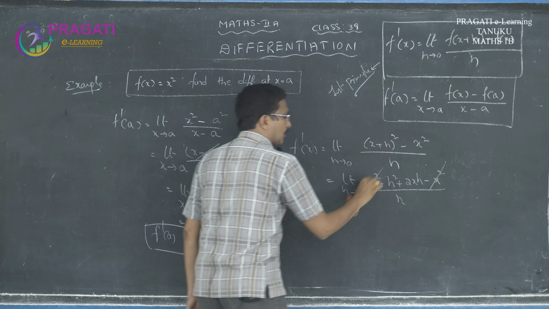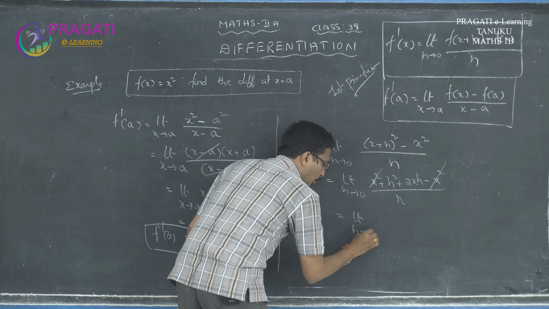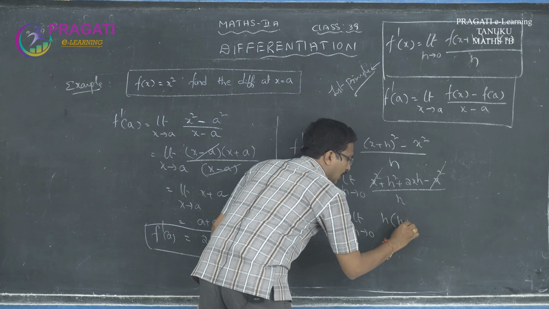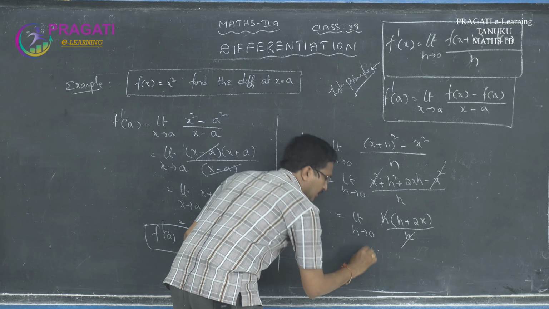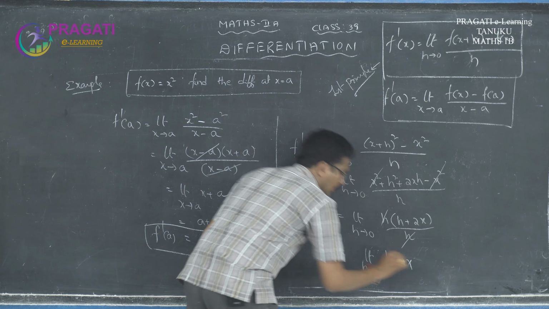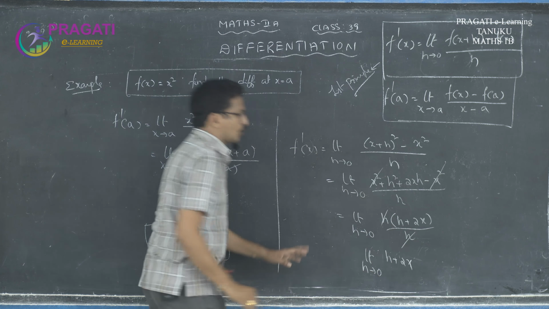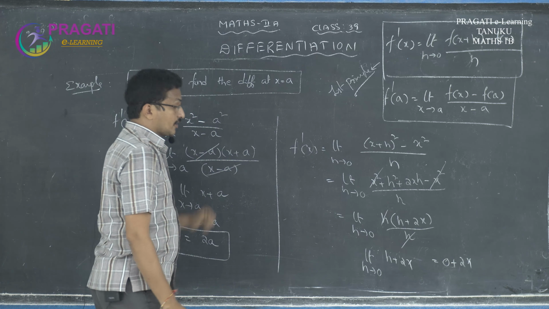Here minus x square and plus x square cancel. And in the numerator, what is the common term? h. h times (h plus 2x), by h. After cancellation of h, what is the remaining term? h plus 2x. Substituting h equal to 0, then finally what is the answer?